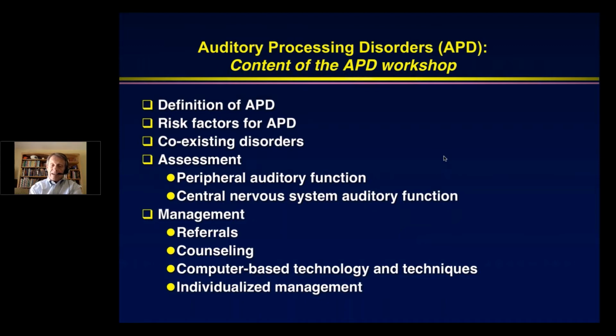And will it affect how the patient does with my management? And if the answer is no, then don't do the test. So even though we have many, many procedures at our disposal, we select them carefully in a very well-designed, efficient test battery to evaluate peripheral auditory function and central auditory function. And very often, based on history and other test results, certain procedures just aren't appropriate for a patient. They're not necessary. So I approach the assessment of APD in a very practical, clinical way.